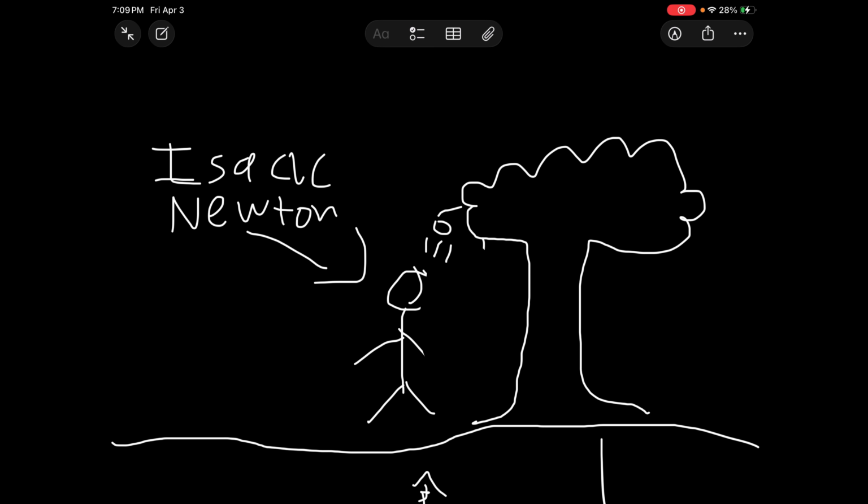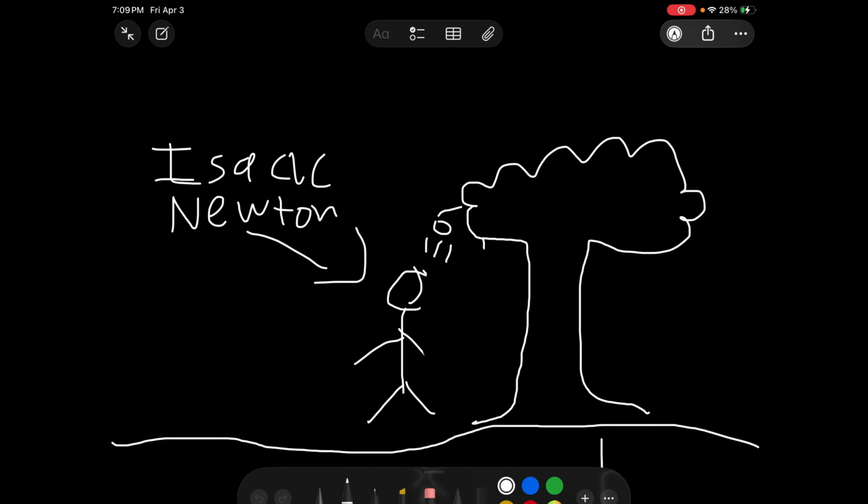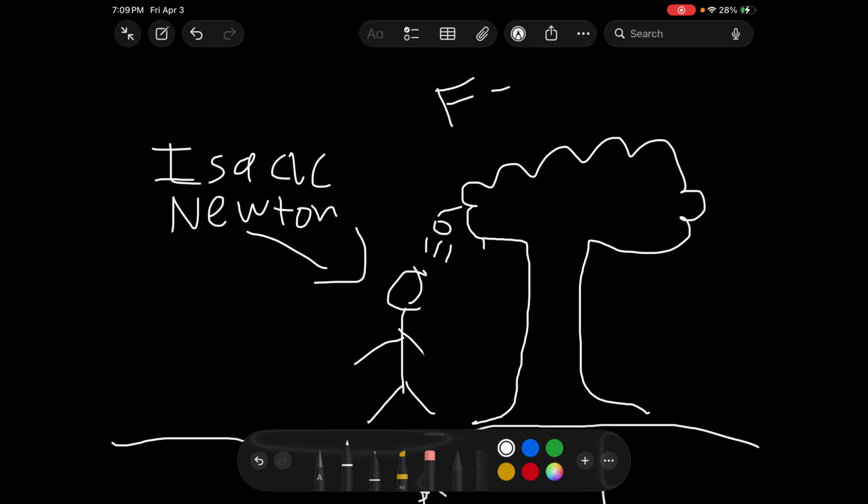What force is causing this? Because remember, whenever a mass is accelerating, there's always a force, which we know from the F equals ma equation. So then he came up with this law of gravity, or theory of gravity.